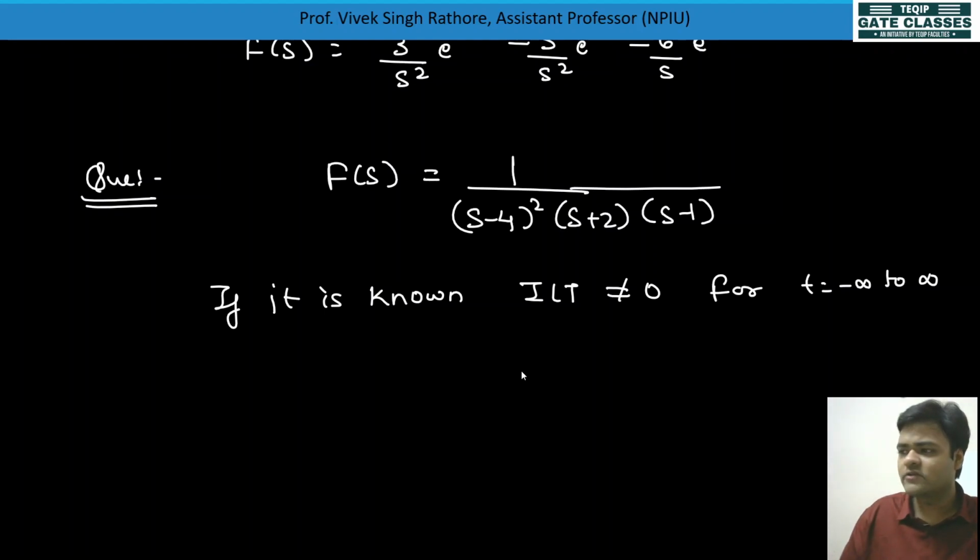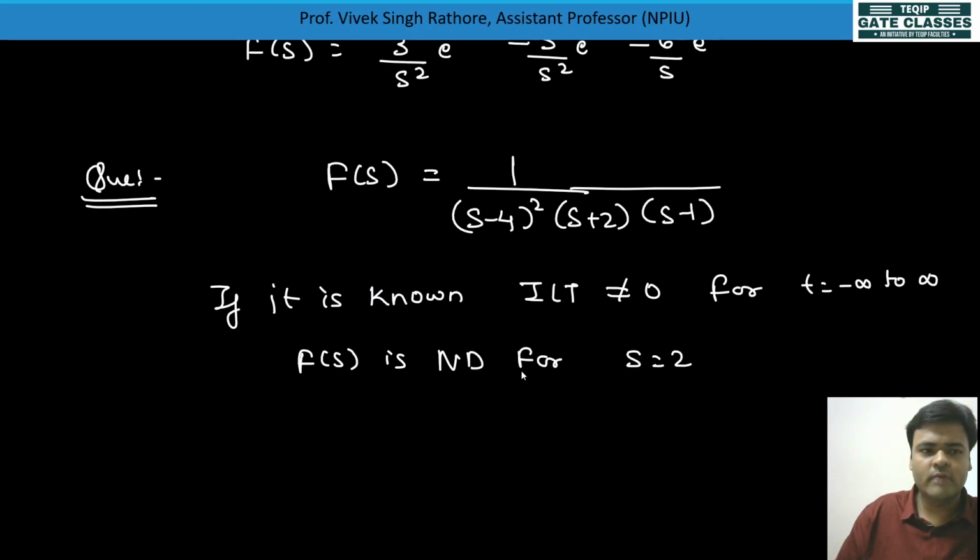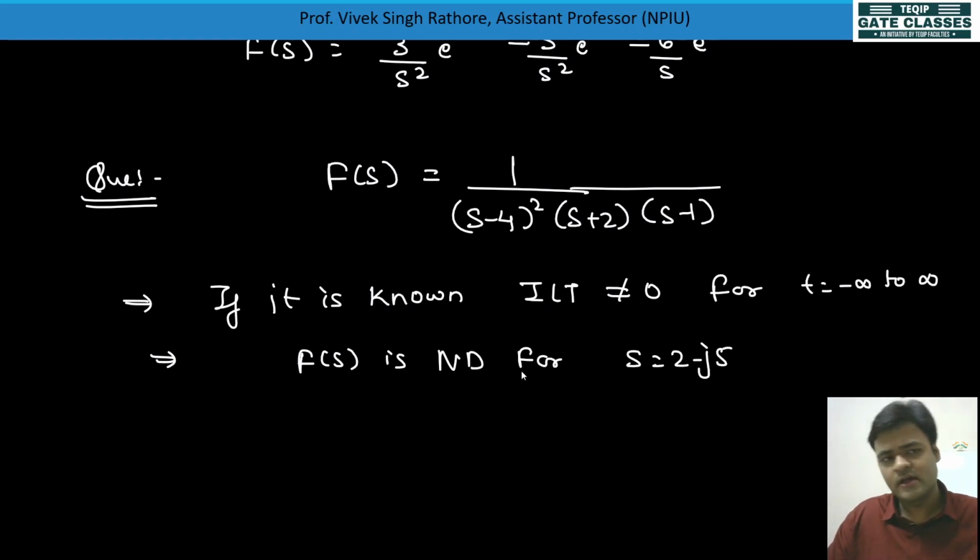It is also known that your F of s is not defined for s equal to 2 minus j5. So you know these two things already, and now F of s is given to you, and you need to find its inverse Laplace transform.